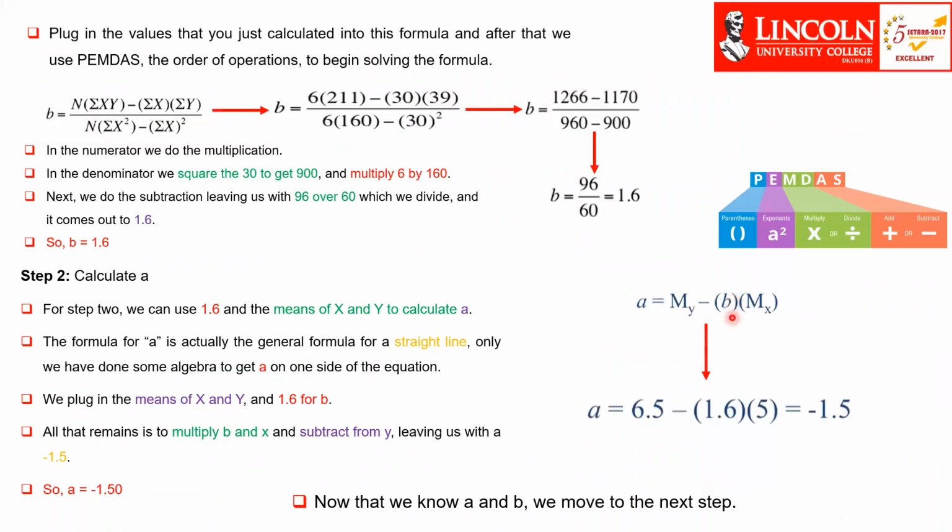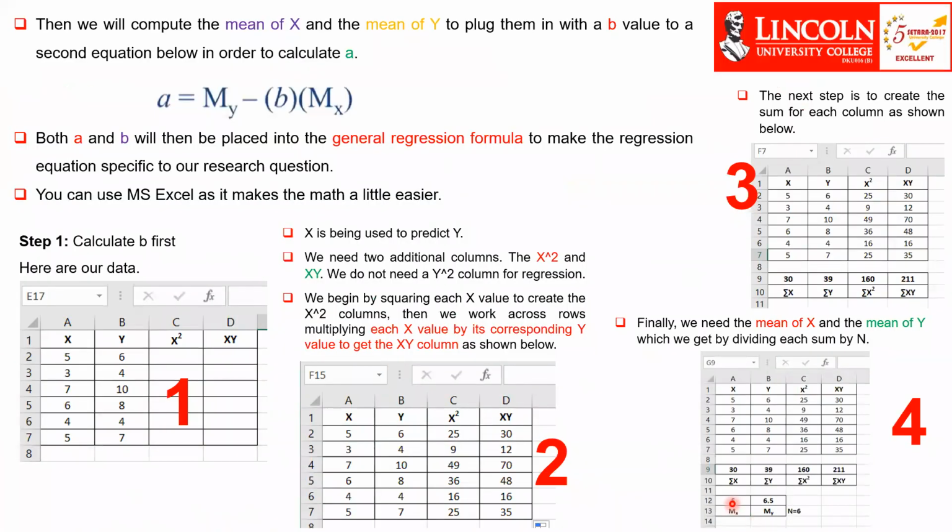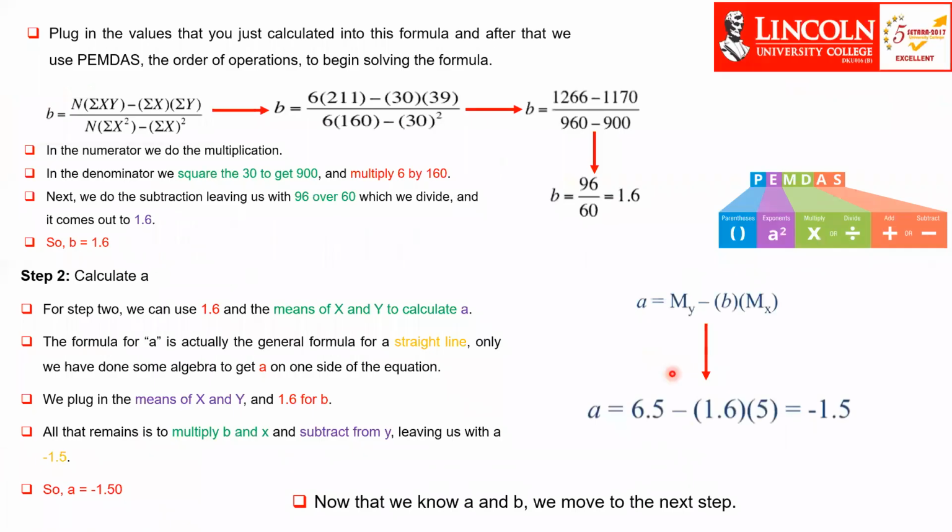And the B we just computed is 1.6. We put that in here. Then our mean of X is 5. So that's how we fill up our equation. This time around, you multiply this by this, and whatever value you get, you subtract it from this place. Then you realize that you're having a negative value, which is minus 1.5. Minus 1.5 is the value for A.